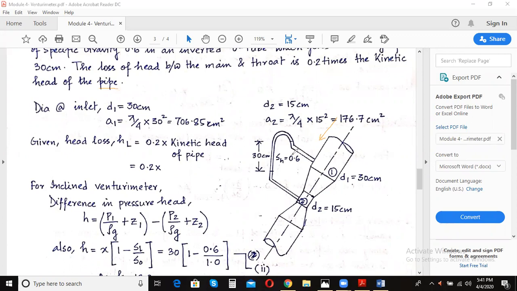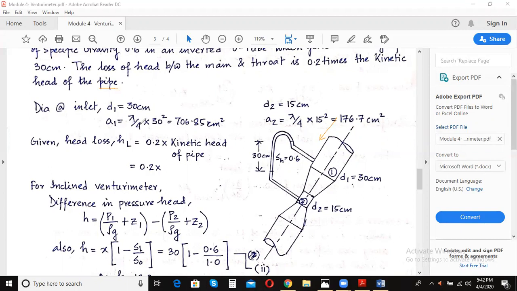So this section is the pipe through which the velocity V1 will be there. Okay, so the kinetic head of the pipe is going to be V1 square by 2G, because this velocity should correspond to the velocity of the flow through the pipe and not through the throat, right?